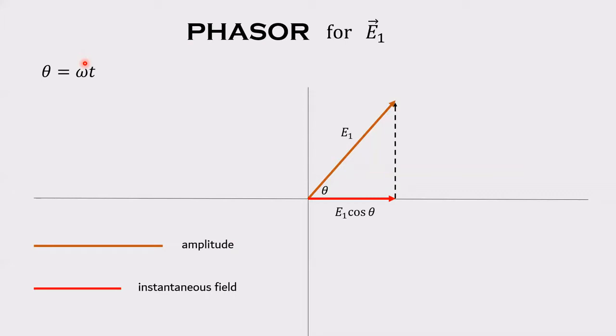So as time advances, obviously theta advances, and it does so linearly. So if theta is increasing in time, that tells us that this phasor is rotating counterclockwise as time goes forward. So we could just replace theta by omega t. So let's see what this looks like.